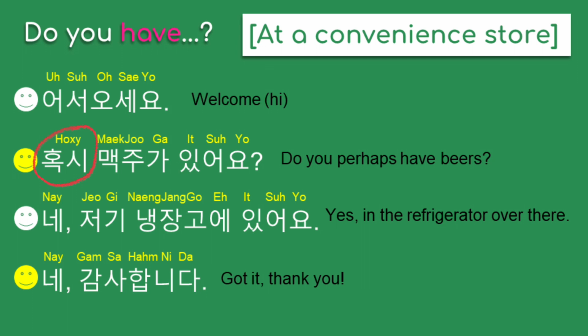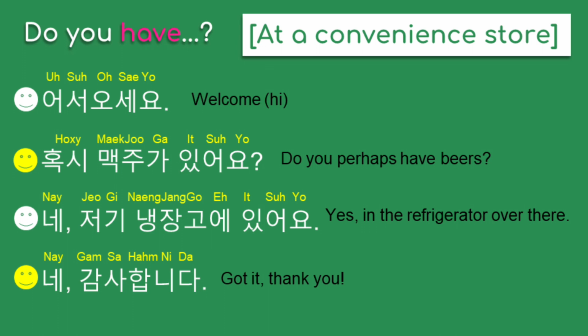So instead of writing 혹시 in Korean, if you go on Instagram and see memes, you actually see this HOXY in English. So it's useful to know. 혹시 means perhaps. 맥주가 있어요? Do you perhaps have beers? Do you happen to have beers here? Right? 혹시 맥주가 있어요?